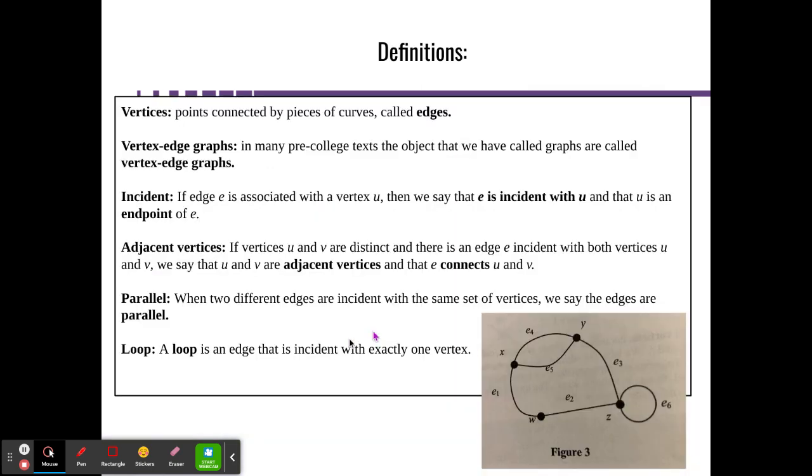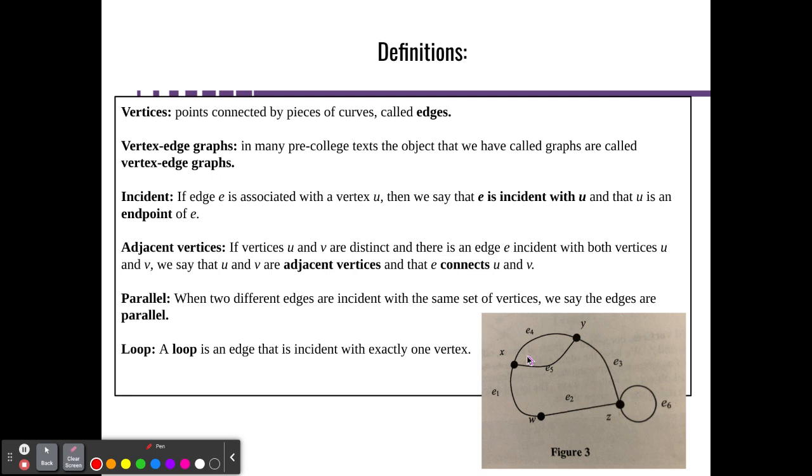All right, so using this particular slide just to review some of the vocabulary, this would be a great slide to put onto your chapter notes that you're going to use. Vertices are, and this is pretty basic knowledge because you probably have some baseline of vertices, points connected by pieces of curves. Remember here we're not dealing with straight lines, we can call them curves.